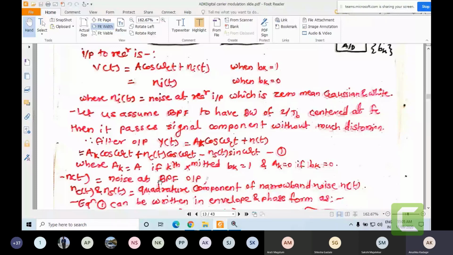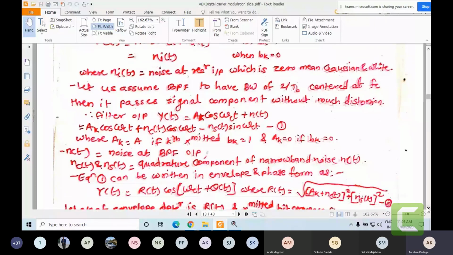Now, if I'm considering this as A and B values for the representation, then in the envelope, I will find out both magnitude and phase will be present.